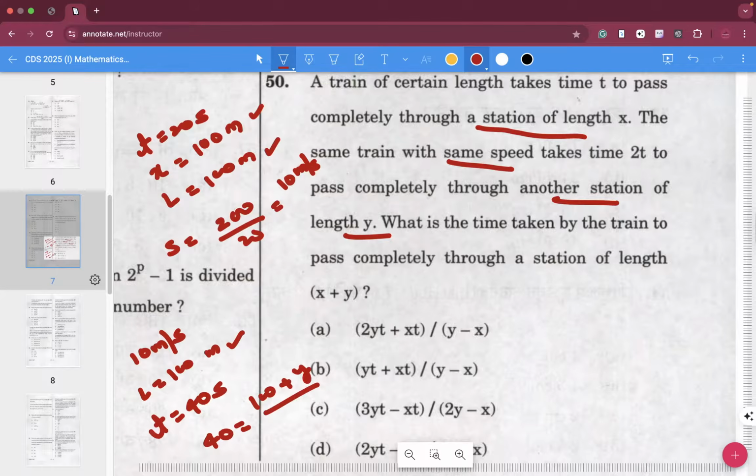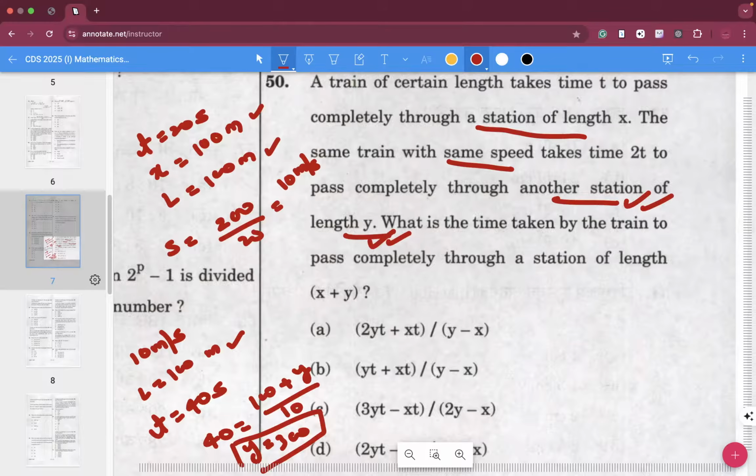So 100 plus y divided by 10 is equal to 40 seconds. Time is equal to distance by speed over here, which means y is equal to 300. So this is the length of the different platform, another station.